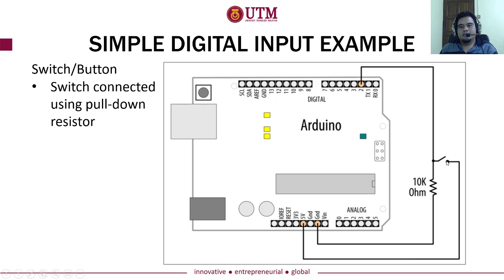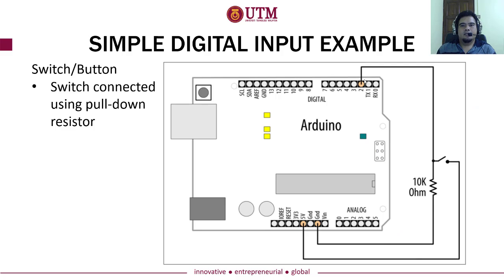If you close this connection, it will give 5-volt to this pin number 2, but if you open this connection, it will give ground, or 0-volt, to pin number 2. So it seems like this switch generated the signal. But what we want to show here is that this pin number 2 will become the digital input of the Arduino.